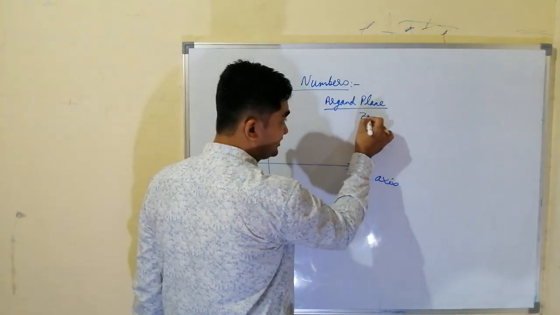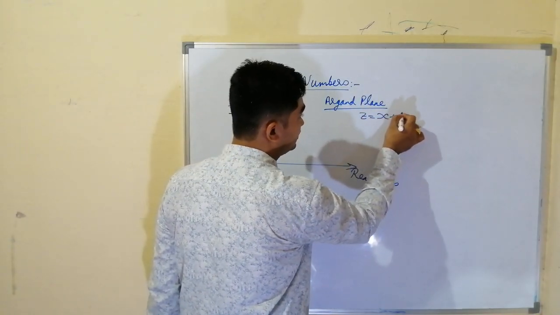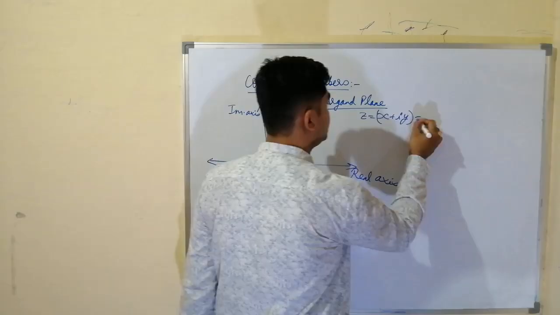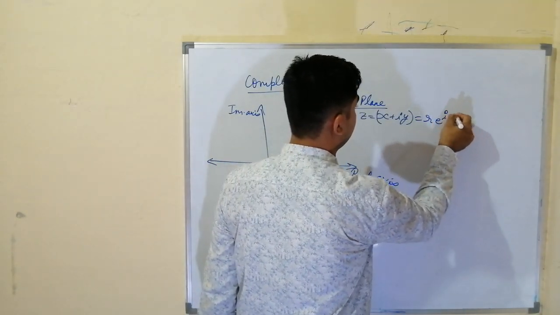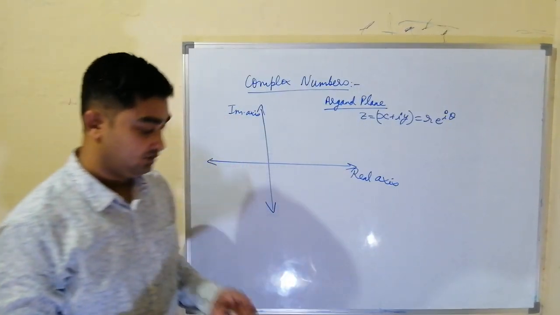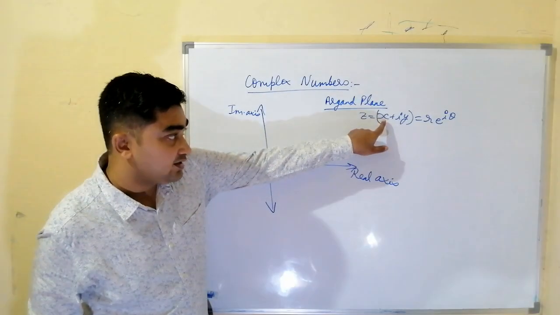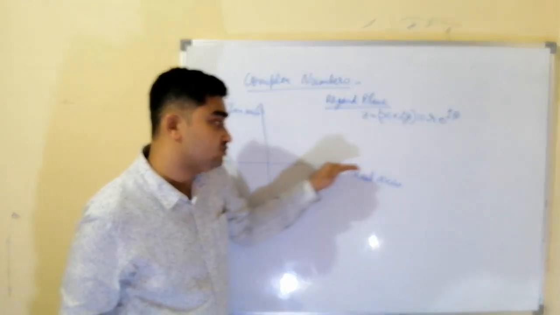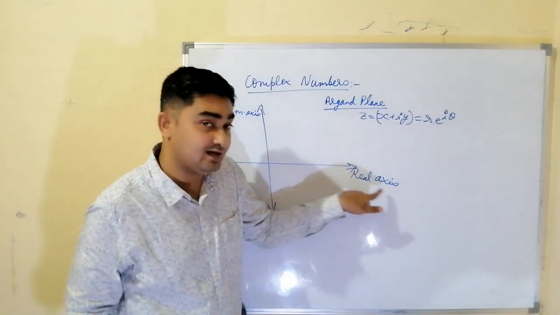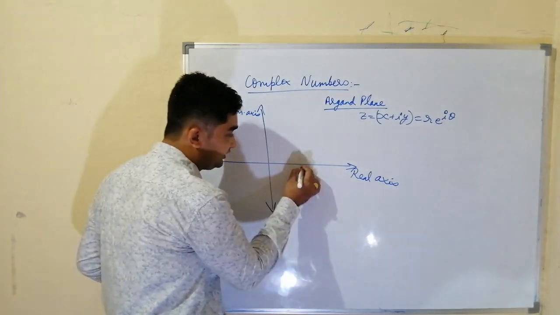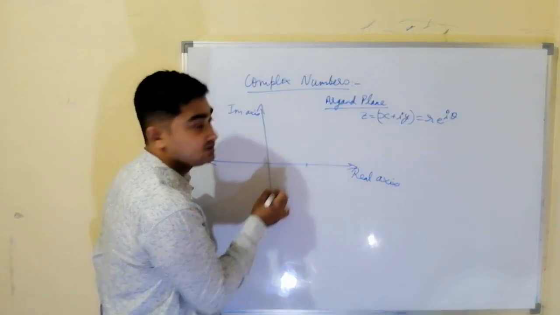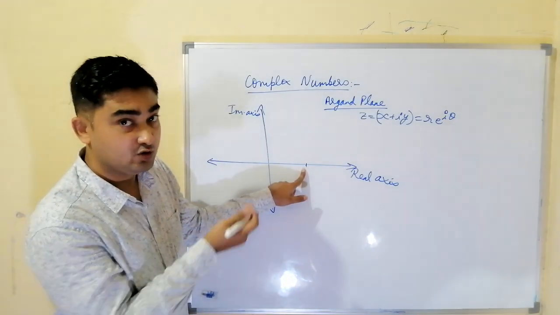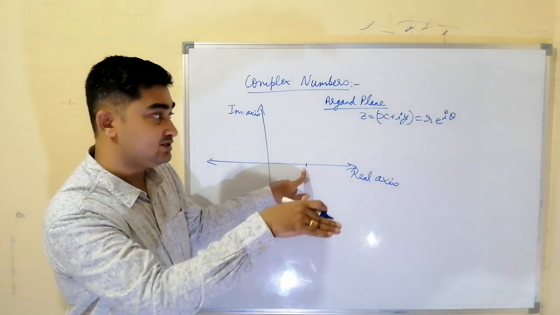Let us assume the complex number is z, which is x plus iota y, which can also be written as r e power iota theta in the Euler form. Now, what is the real part of this complex number? The real part is x, and we plot it along the real axis. So along the real axis we move x points. It is similar to plotting a point in the 2D coordinate system.